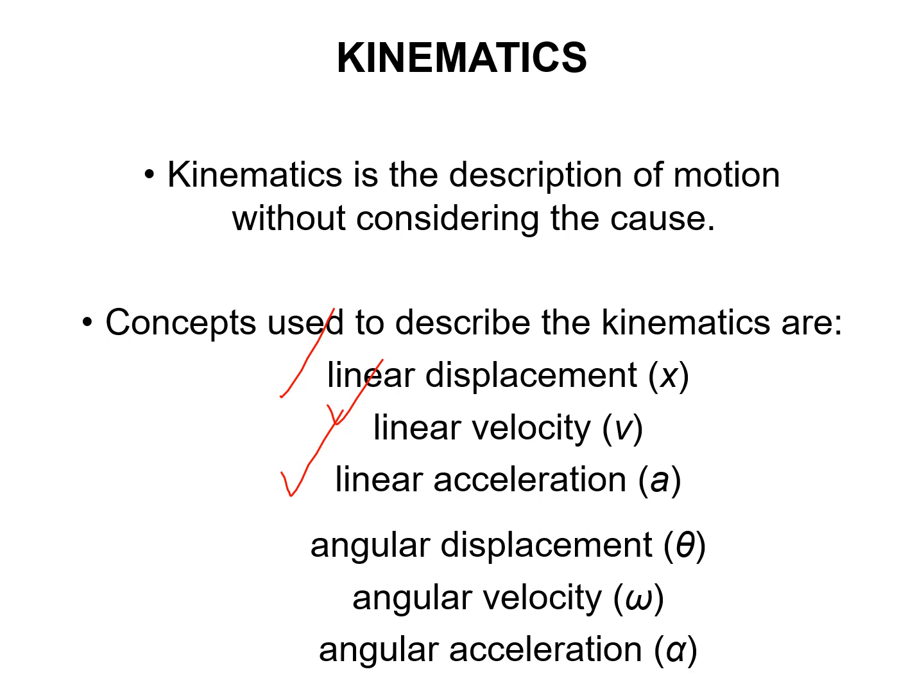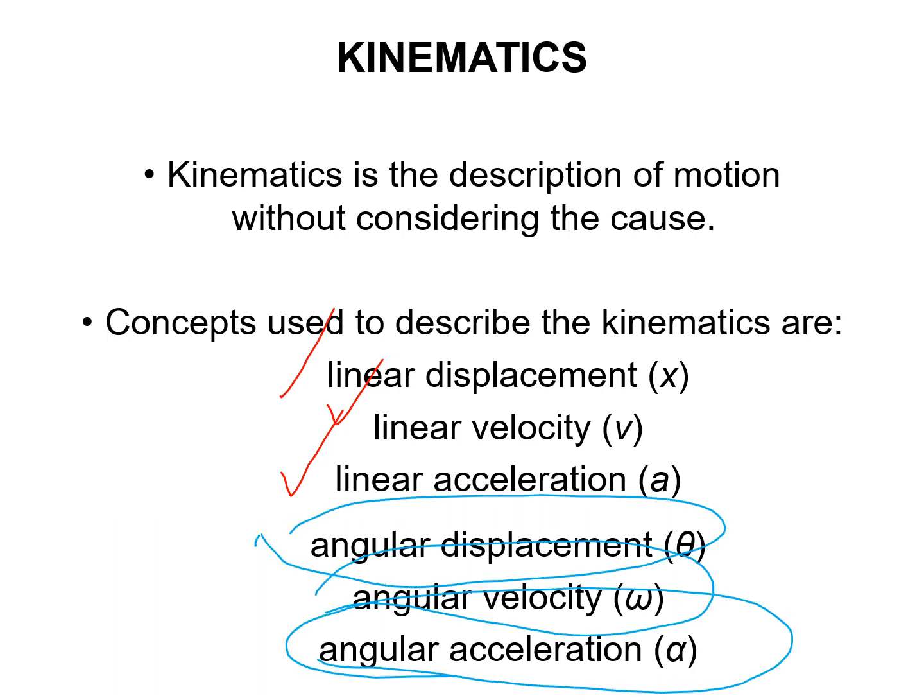Once again, the good news is that these concepts, as far as how we determine and calculate them and what sort of physics are involved, are not any different than their linear components. All we're really doing is basically changing units. They're not any more complicated or strange than their linear components.